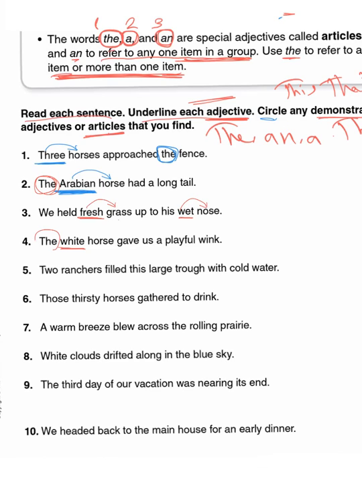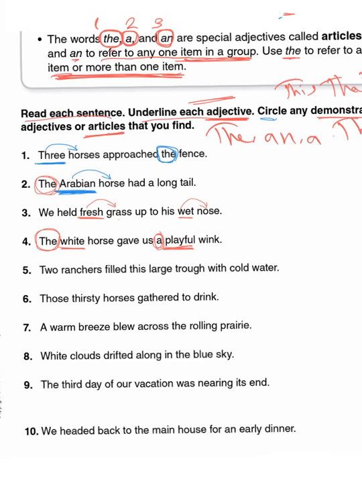I have an article, which is the. Let me circle it. Now, the white horse gave us a playful wink. Playful wink. What kind of wink was it? It was playful. So, this is an adjective. I should underline it. But what do I have before the adjective? I have an article. So, I should circle it.